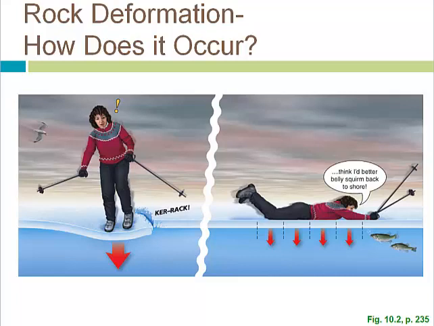So this is a picture from your book, but if we know that we spread out that force so it isn't focused on one spot, we're unlikely to fall through the ice because the total surface area is increased when you lay down on ice. In this situation I'd better belly squirm back to shore. So if you're ever in that position, you know what to do.